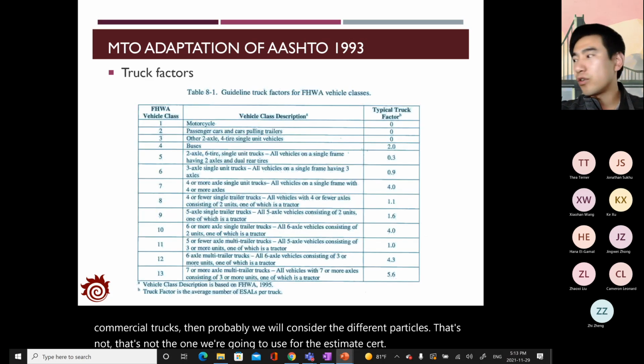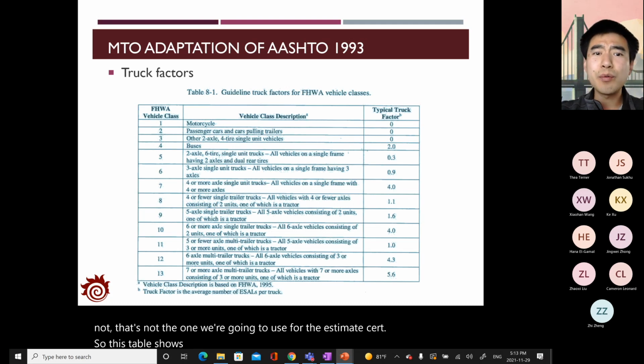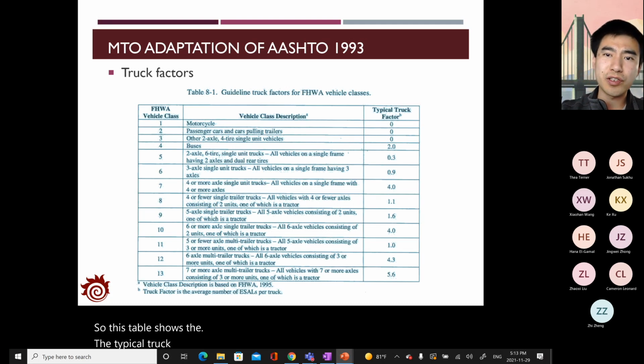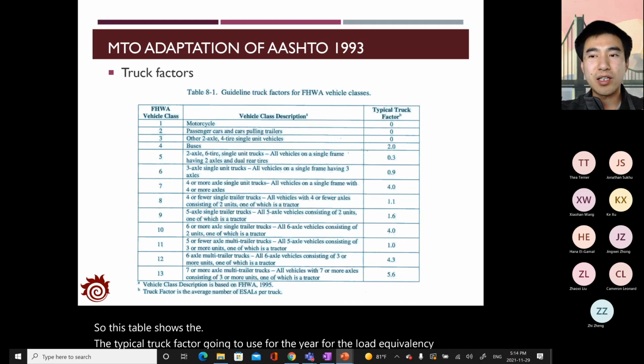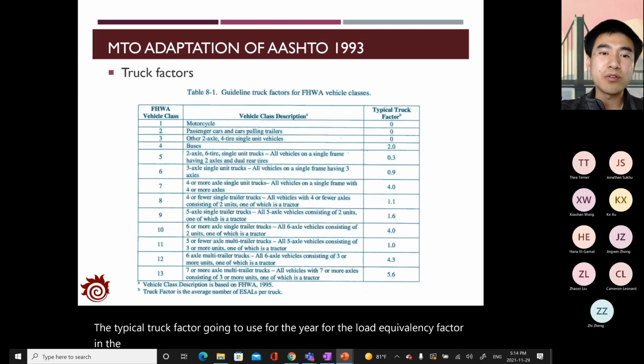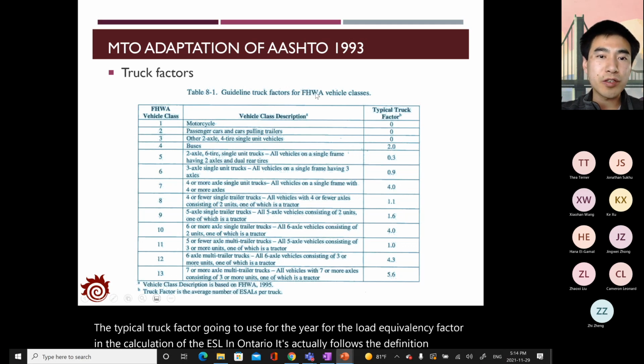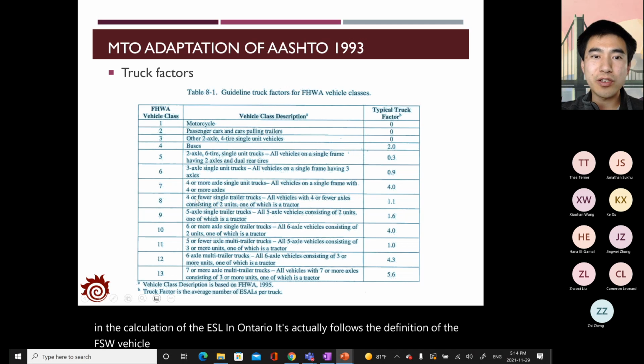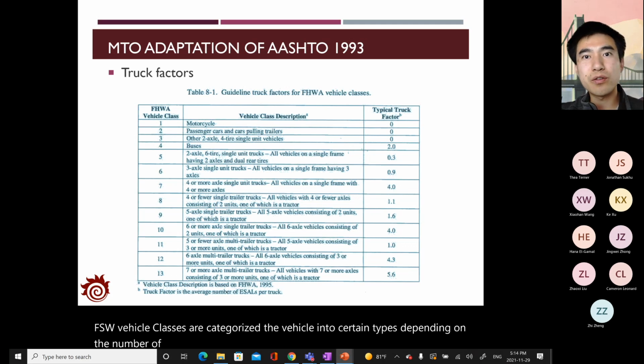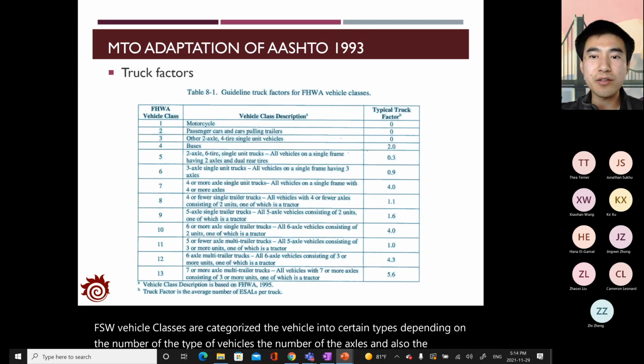So this table shows the typical truck factors we're going to use for the load equivalency factor in the calculation of the ESAL in Ontario. It follows the definition of the FHWA vehicle classes. It categorizes vehicles into 13 types depending on the type of vehicle, the number of axles, and also the combinations of axles and tires.